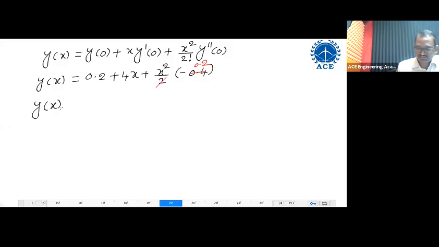So y of x is equal to 0.2 plus 4x minus 0.2 plus x square.